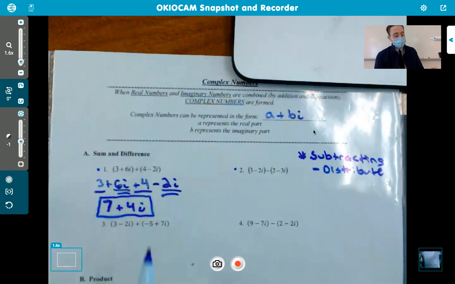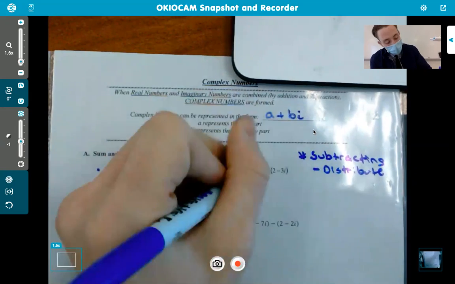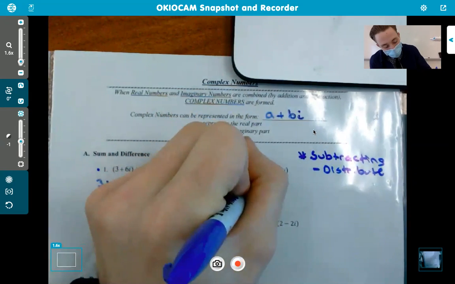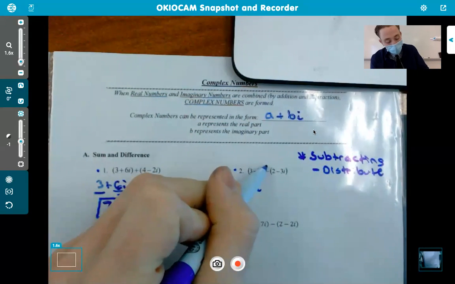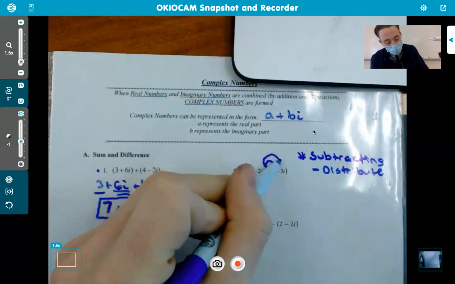So what that means is, comparative to when we're adding, notice we have the subtraction sign here. Well, the 3 minus the 2i is going to stay the same. But I need to distribute that negative into each term in my second complex number. So to the 2 and to the negative 3i.